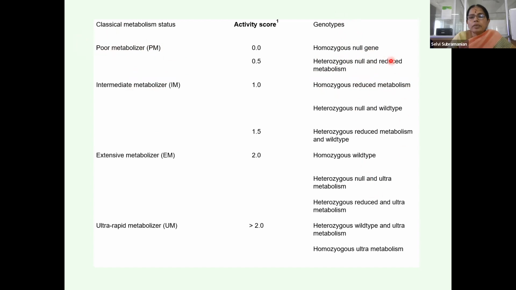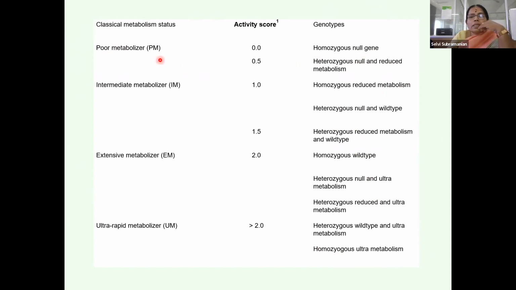In this category you will have a lot of genes, and whether they are present in the homozygous or heterozygous condition, whether the enzymes are present abundantly or in a low amount, whether the genes are duplicated, all these genotypic changes lead to the phenotypic change, which is categorized as poor metabolizer, intermediate metabolizer, and so on.